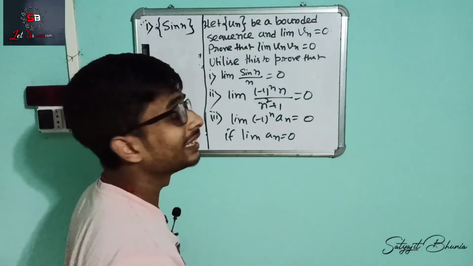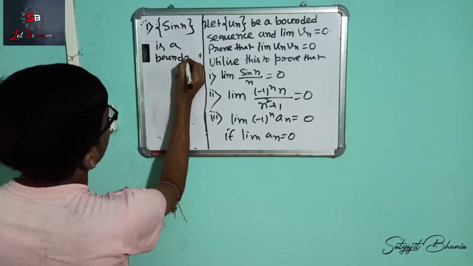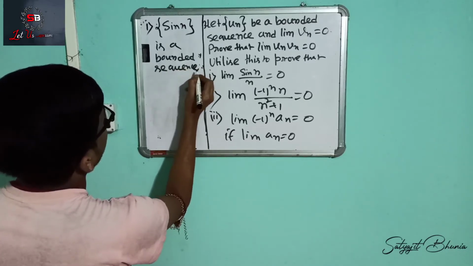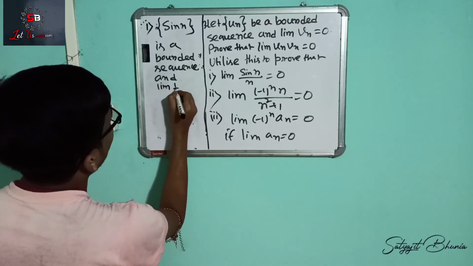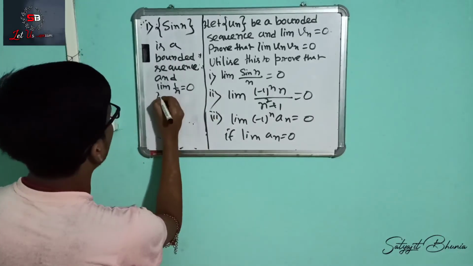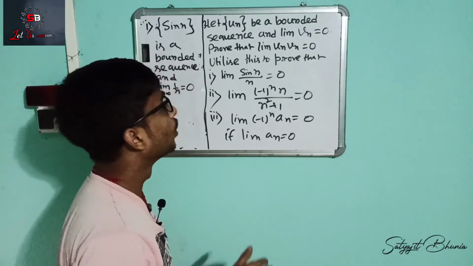The sequence sin n is a bounded sequence and limit 1 by n is equal to 0, obviously as n tends to infinity, 1 by n is equal to 0.